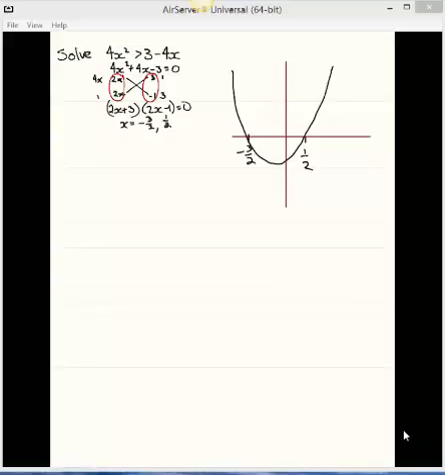And we want to know when is that greater than 0. Well, again, we've got the two sections: when x is less than negative 3 over 2 and when x is greater than a half.